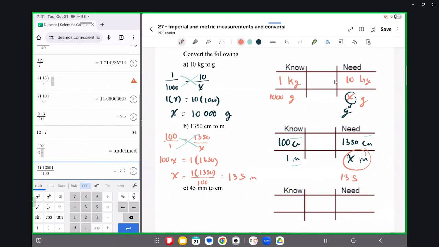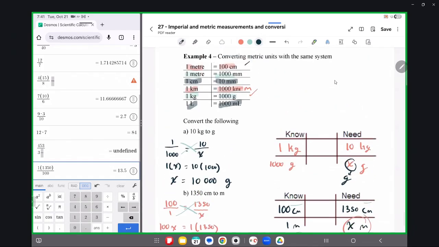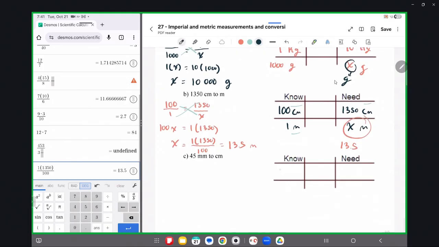And lastly, but not leastly, we want to go from millimeters to centimeters. We can see that 1 centimeter is 10 millimeters, and we're curious as to how many centimeters 45 millimeters is. Again, we set up what we know, and then we set up what we need.